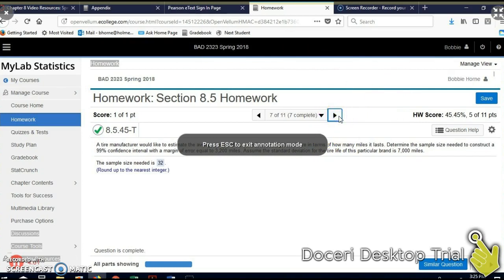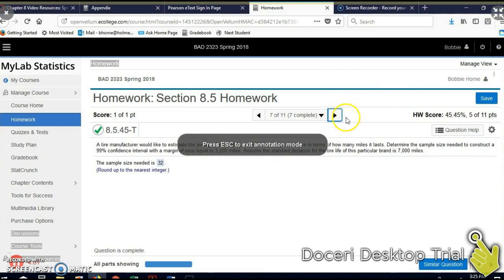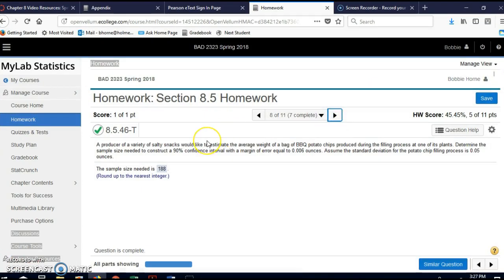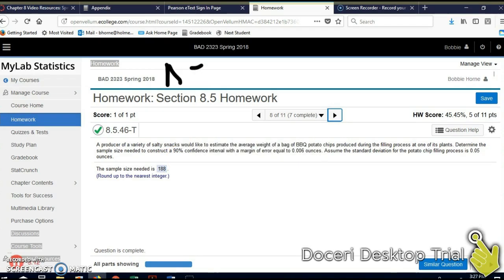Okay, so for the next problem, question number 8. On this problem, it's a 90% confidence interval, which is a z-value of 1.645 squared.